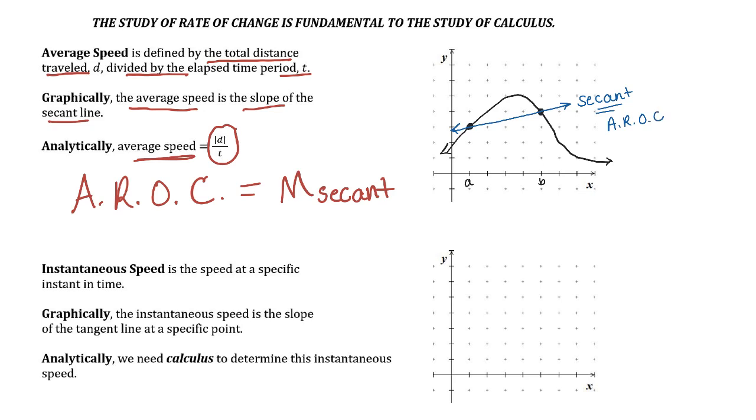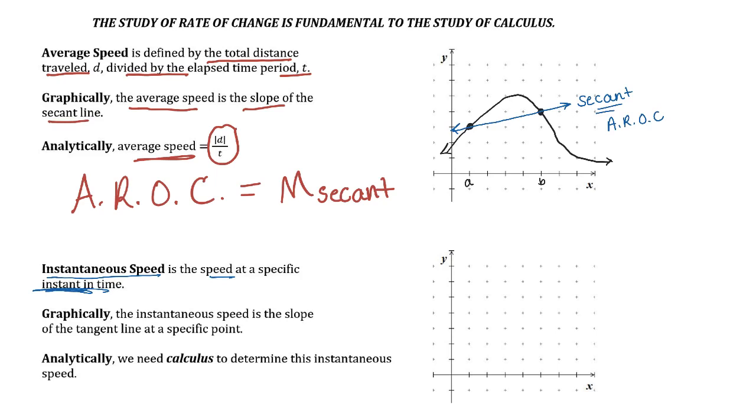Okay, now we have another type of change, and this is called instantaneous speed. It's the speed at a specific instant in time. So that's a little bit different than talking about over an elapsed amount of time, over a long period of time. Here we're talking about as the slope is changing at that one specific point.